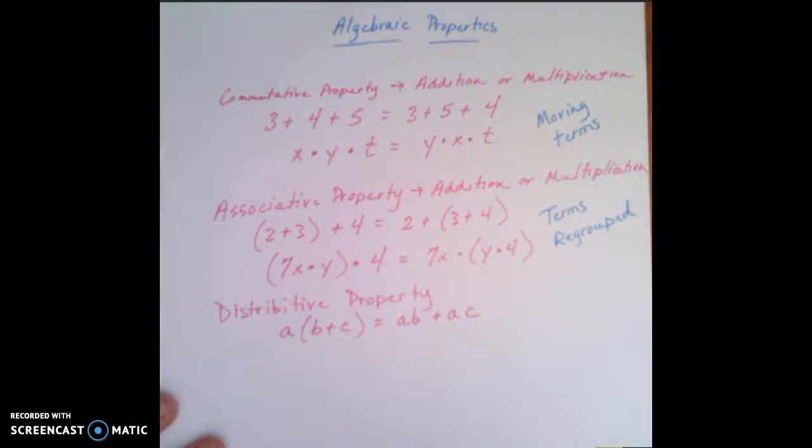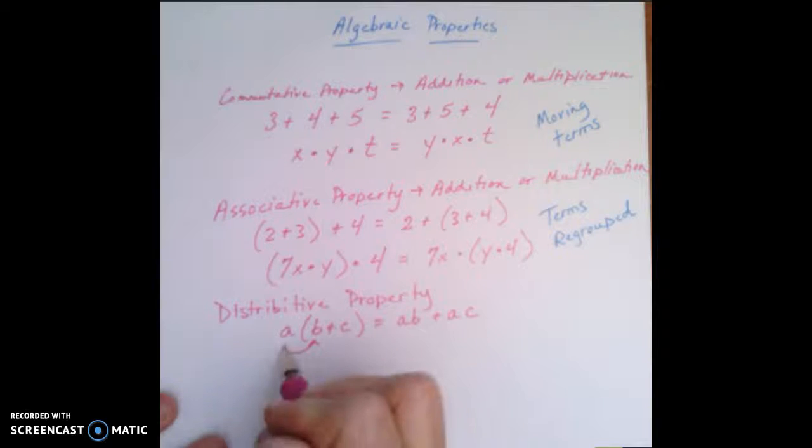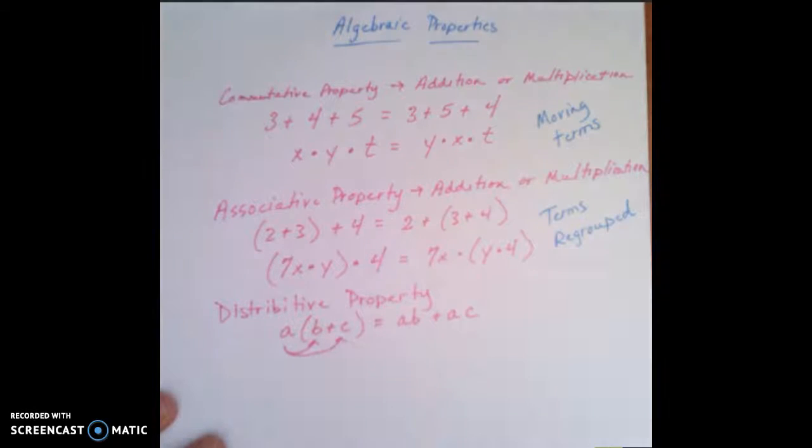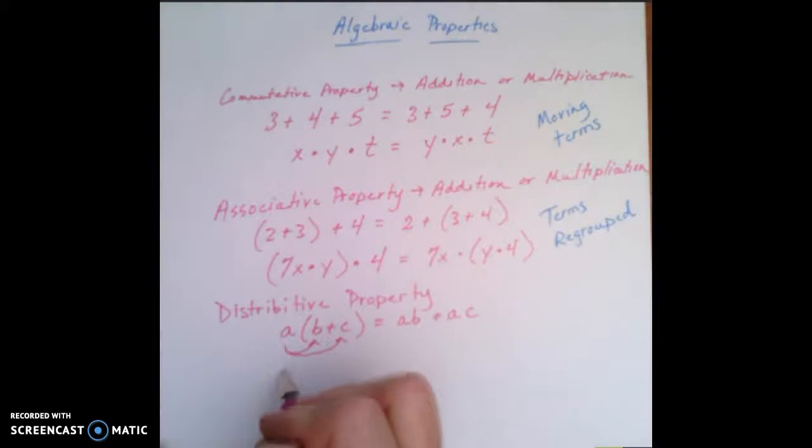So the distributive property tells us that if we have a value multiplied to a quantity, which is B plus C, then we have to multiply that value to everything inside the quantity. So A times B, A times C. So let's look at an example with numbers.